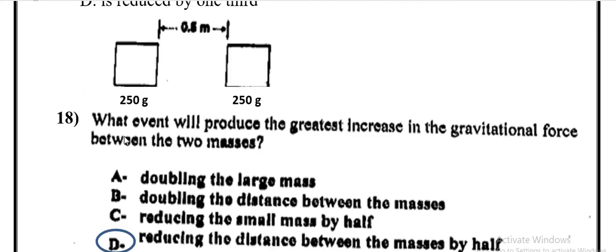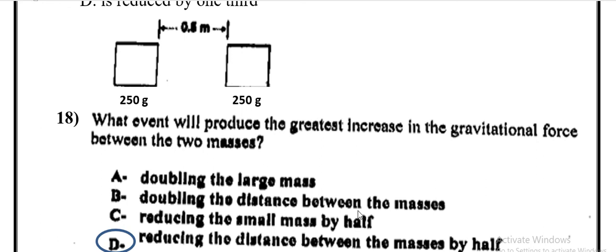In the figure, what event will produce the greatest increase in the gravitational force between the two masses? The two masses are the same. Doubling the large mass will increase the gravitational force by a factor of 2.